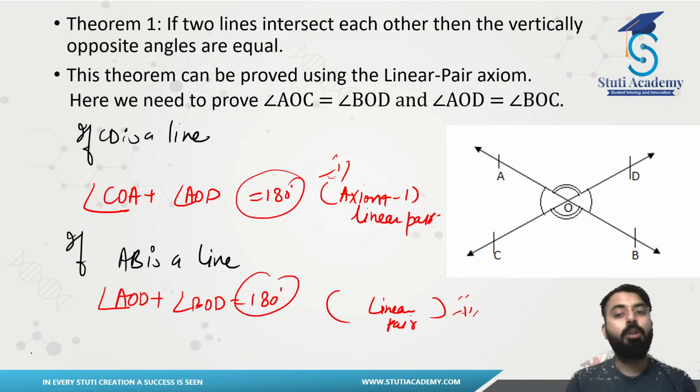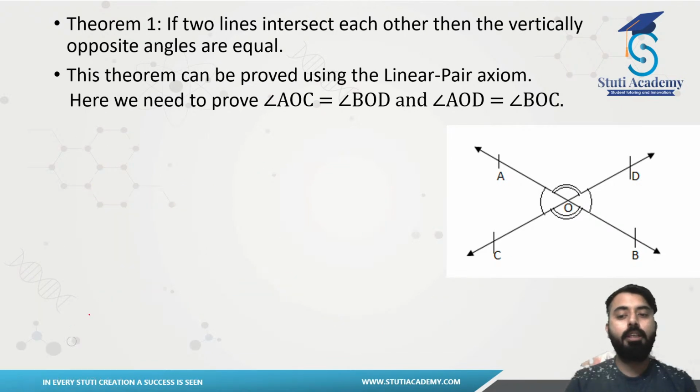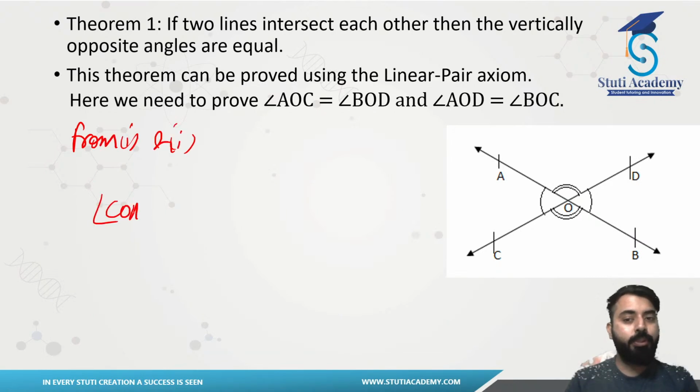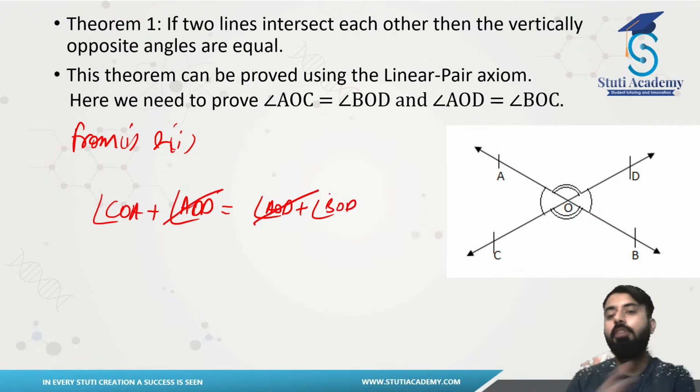That means they are equal to one another. So from 1 and 2, I have angle COA plus angle AOD is equal to angle AOD plus angle BOD. Now AOD and AOD cancel out because they are the same quantities on either side of equality.